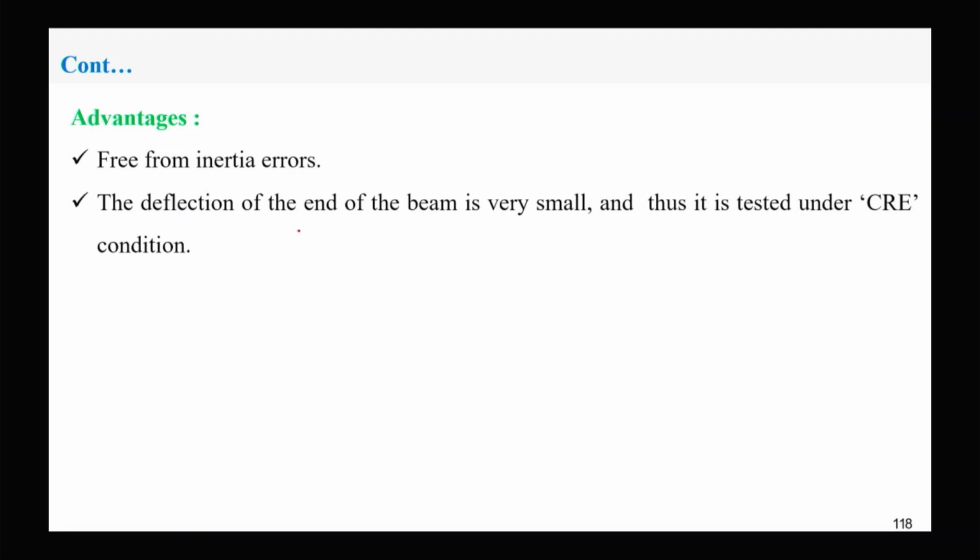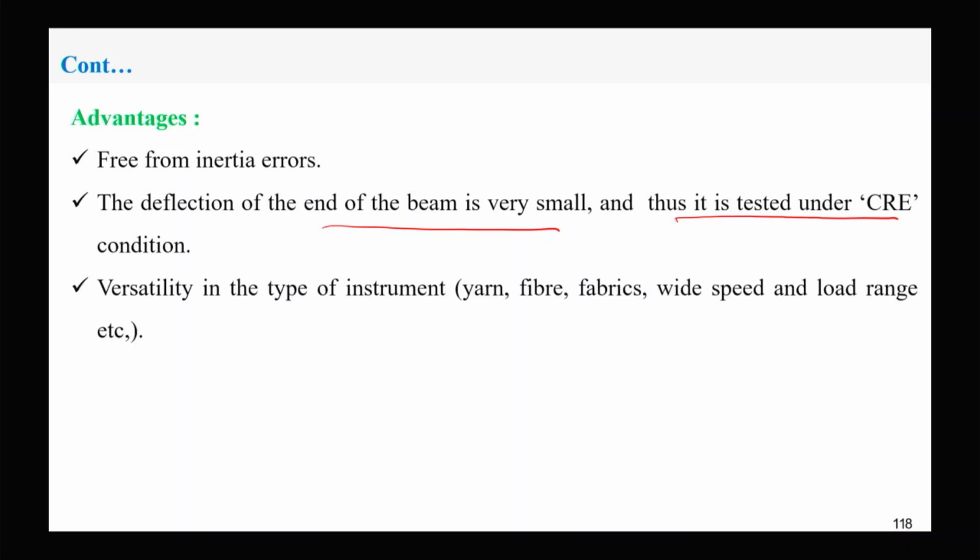The deflection of the end of the beam is very small, and thus it is tested under CRE condition. And it's a versatile instrument: yarn, fiber, fabric, and a wide range of speeds. Everything can be incorporated within this type of principle. That's why this instrument is called UTM, Universal Testing Machine. So a wide range of materials can be tested.